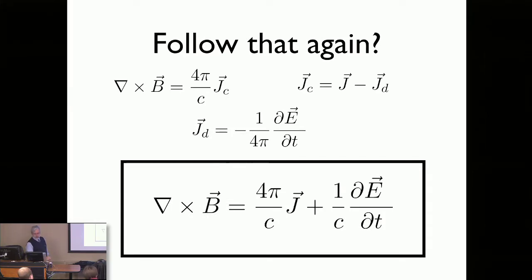Now, he also demonstrates that you can drop the D on the E sub D, the diverging part of the electric field there. The complete discussion of why we can drop the E_D is in the text. But Maxwell demonstrates that you can drop that part, and you end up with this equation.